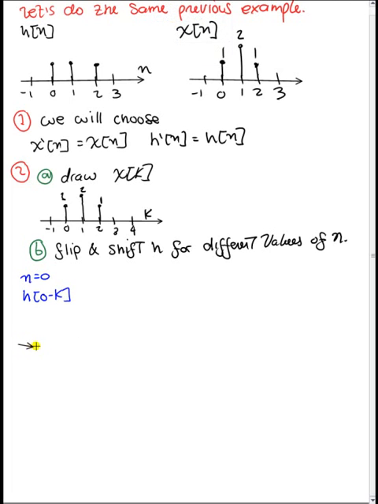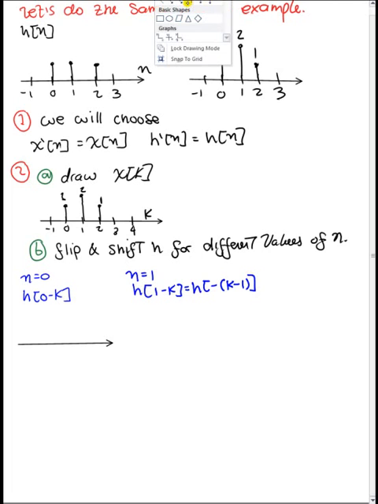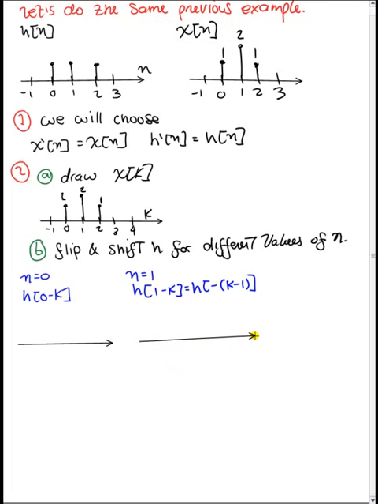N equal to 1, it's gonna be h of 1 minus k, which we have to factor out if we want to plot it. It's gonna be h of minus k minus 1. So we time reverse it and then we delay it.